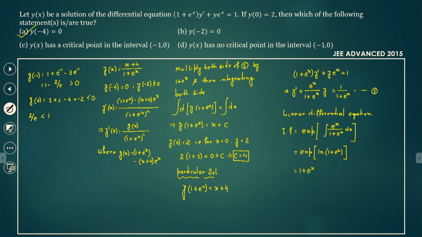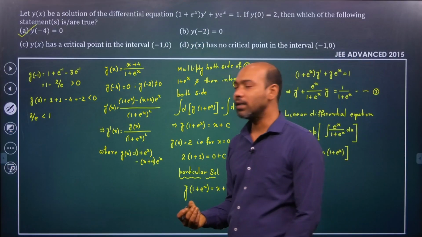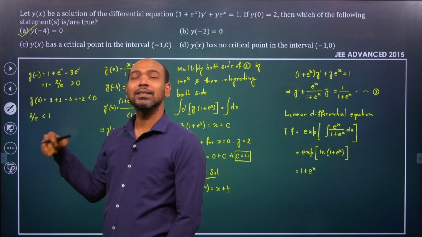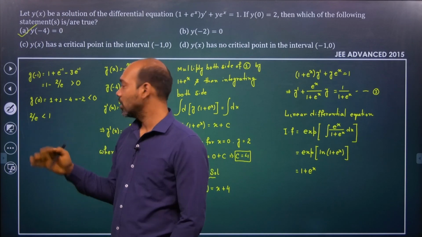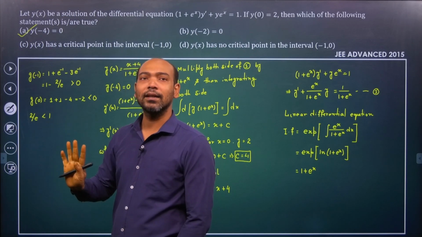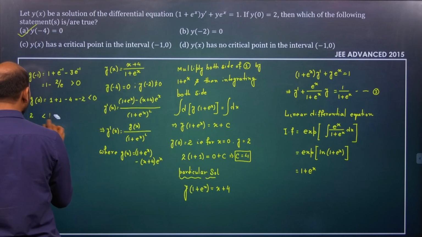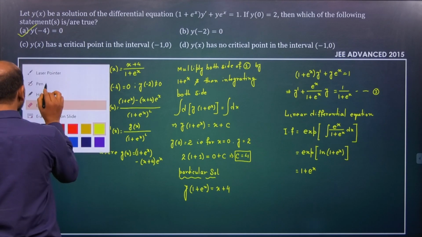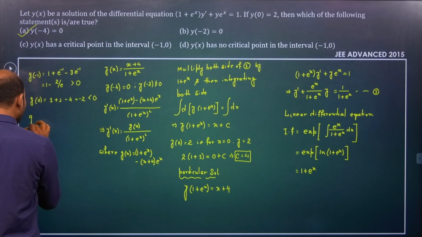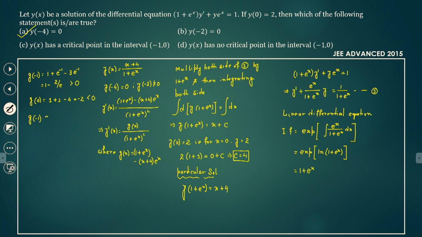Why is this statement true? Because you can see for the approximate value of e, 2 point something, 2 by 2 point something is a decimal, 0 point something, so that will be definitely less than 1. I don't care about the exact number. So whatever we conclude in this particular problem, g of -1 multiplied by g of 0 is less than 0.